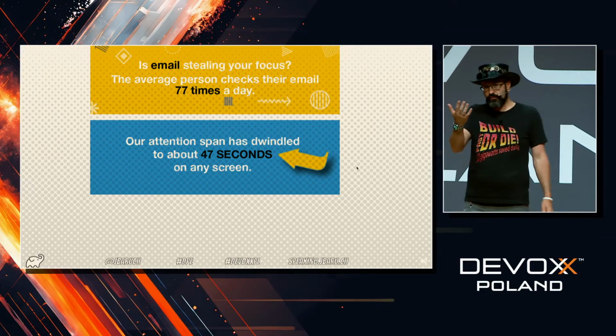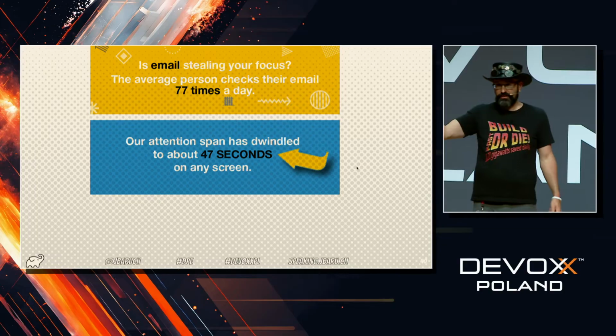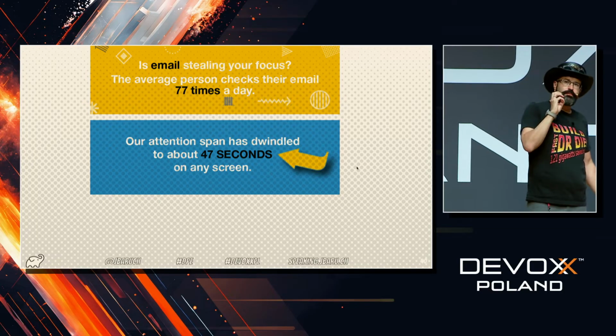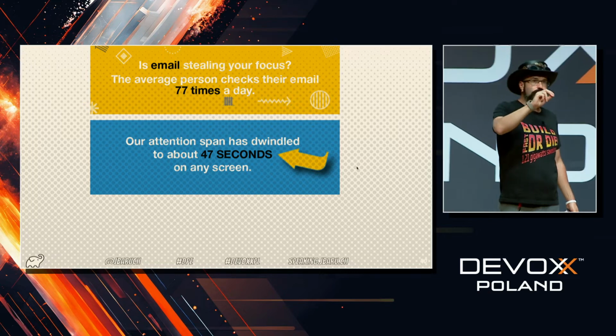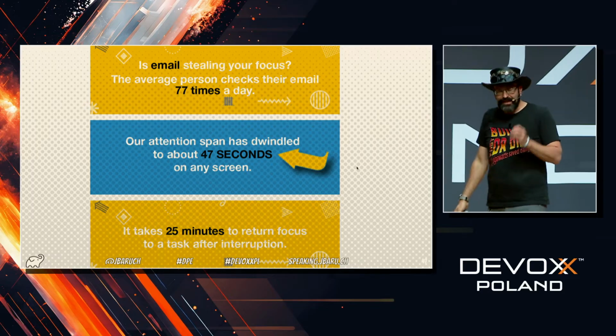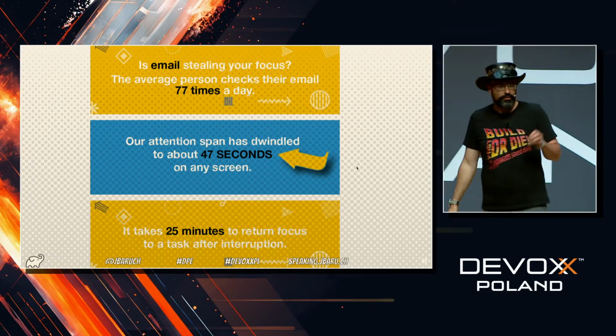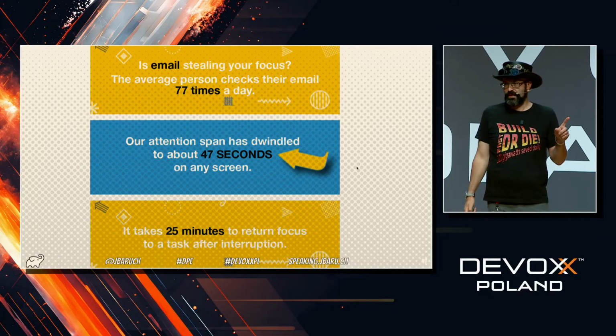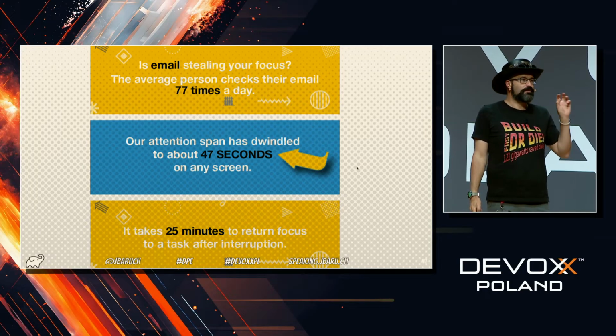We look at the screen for 47 seconds, less than a minute, and then we switch to the next screen. And this is all amazing by itself. But the most important piece of enlightenment here is it takes 25 minutes to return focus to a task after interruption. 25 minutes.